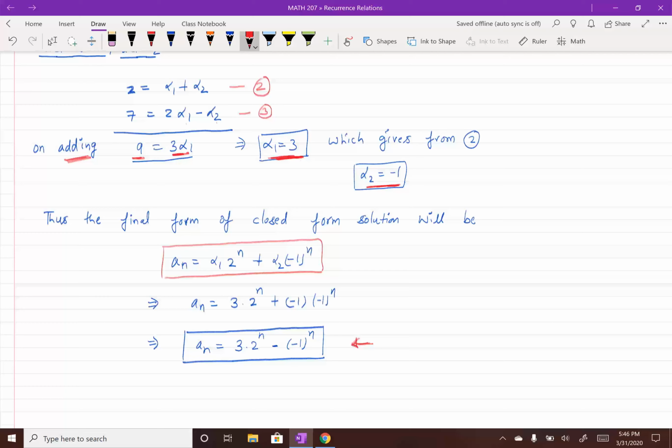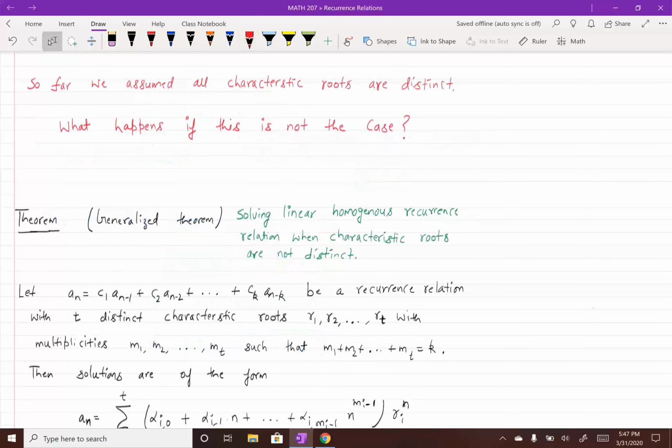So this way we used the concept of characteristic equation, characteristic roots, and the theorem which we saw in solving the recurrence relation.